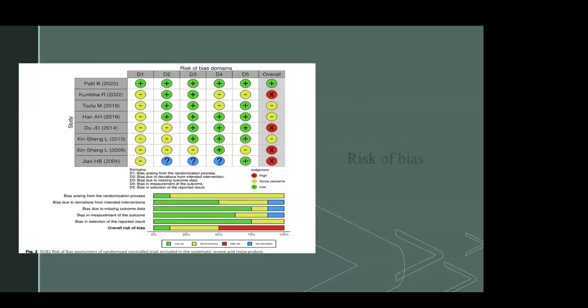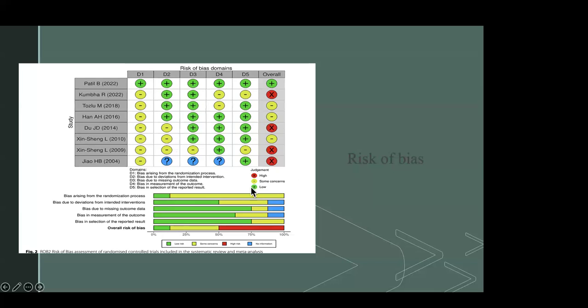Yes, sir. For the risk of bias, as initially stated in the protocol, they have used the ROB2 tool and the ROBINS-I tool. In all of the studies included, they classified them into 5 domains, and based on those 5 domains they graded whether there is a high bias, some concern, or low bias.